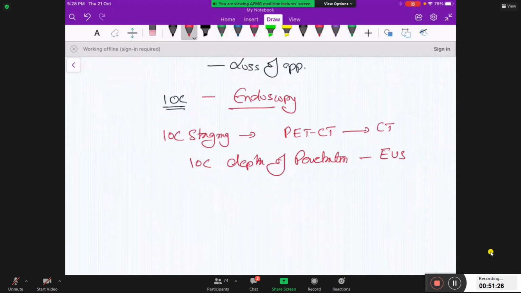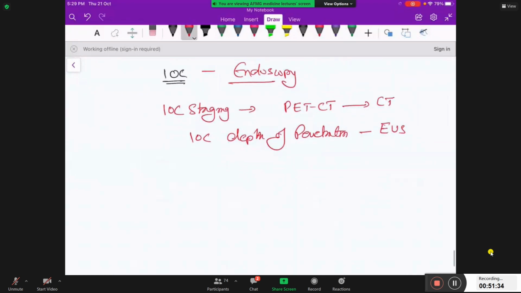Now coming on to the management, I will give you a very simple way of managing a carcinoma esophagus. Okay, now in management, first of all, can you tell me what is the most common site of distant metastasis from carcinoma esophagus?